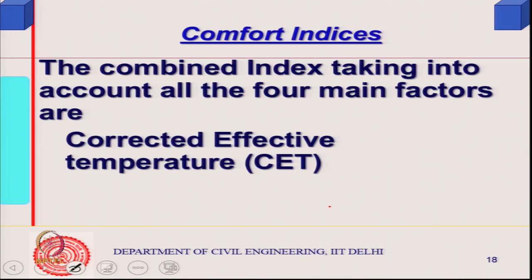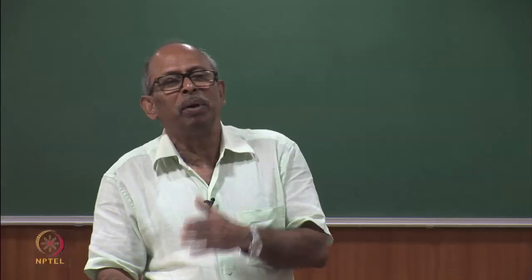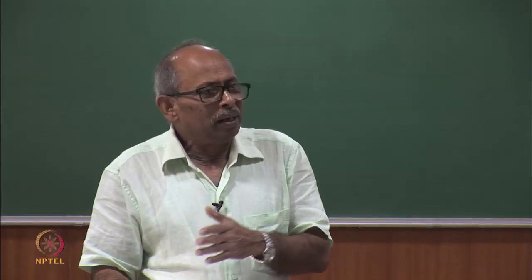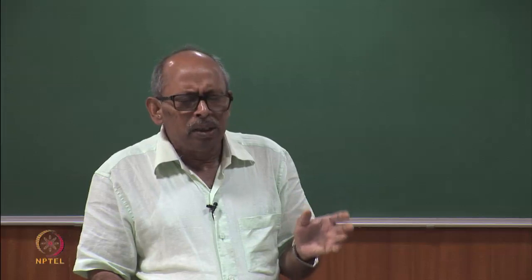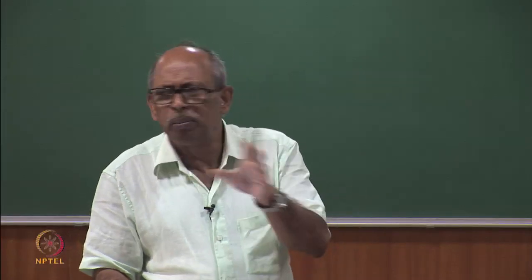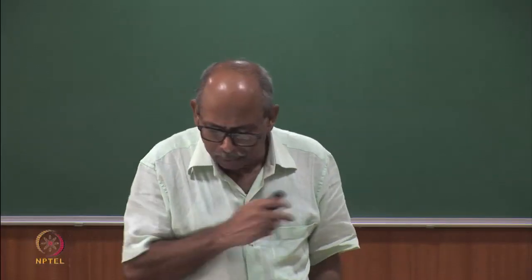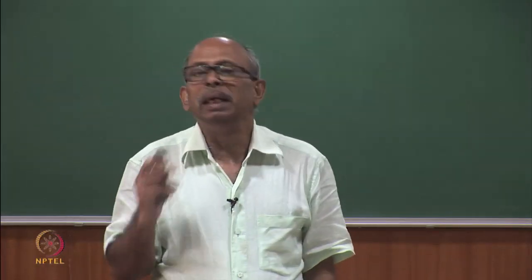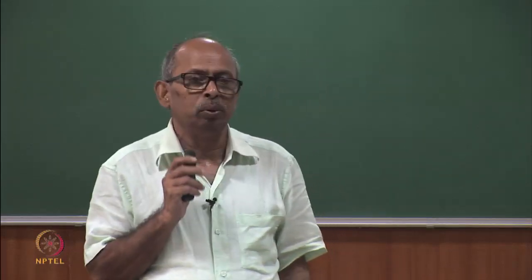Corrected effective temperature is one such index, tropical summer index is another, and there are many others, like the 4-hour sweat rate, developed in different parts of the world. CET was initially developed in the UK, and then Singapore and others adopted some of them, and we will discuss that. And tropical summer index was developed in India, as I said, through experiments on Indian subjects. So, we will discuss these two of them.